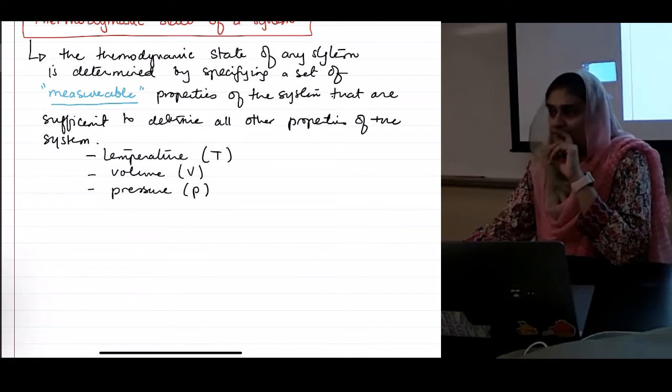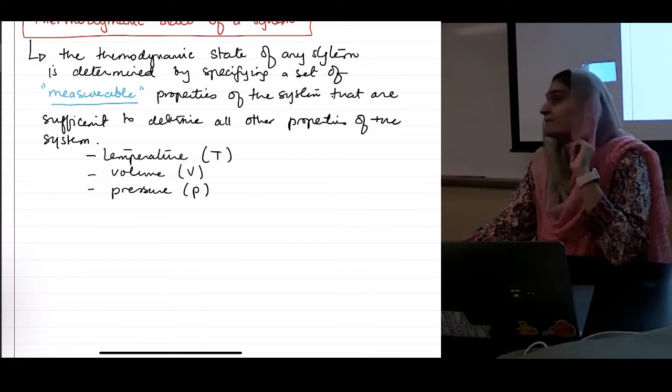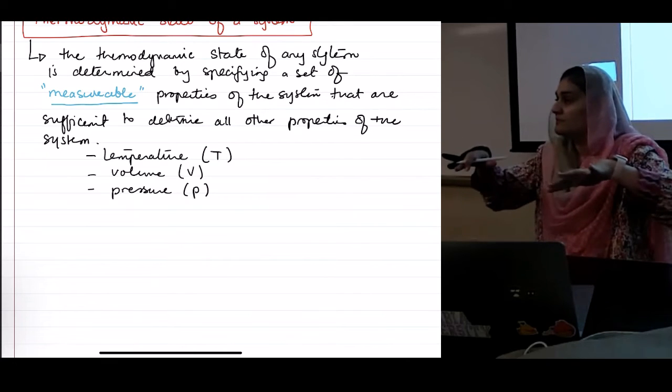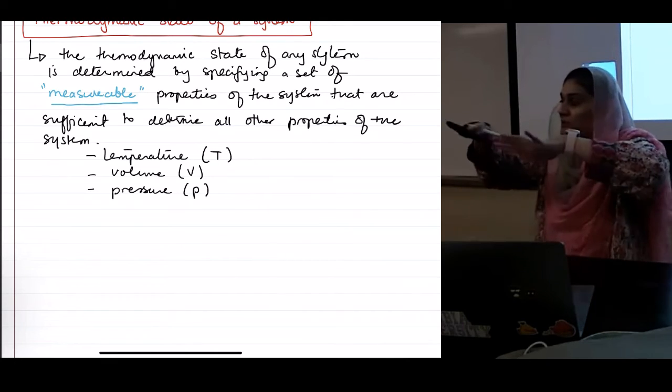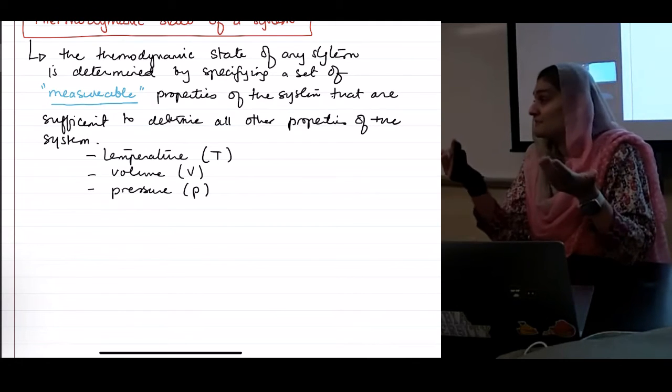Now, if we consider ourselves to be a system, are we a uniform system? No, right? Are we uniformly distributed in this room? Is stuff uniformly distributed in this room? So we are a complex system.